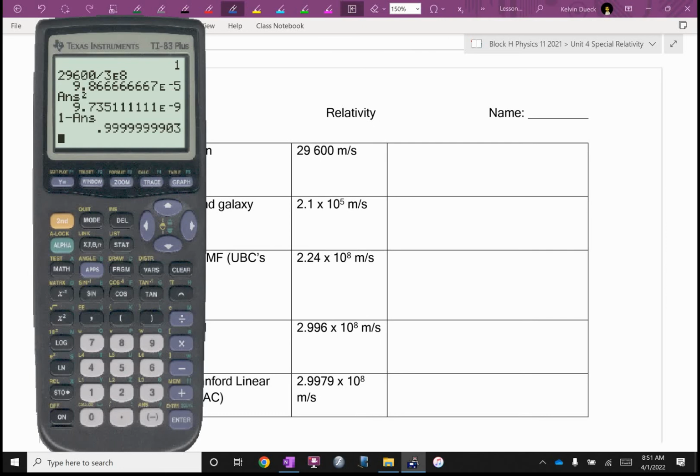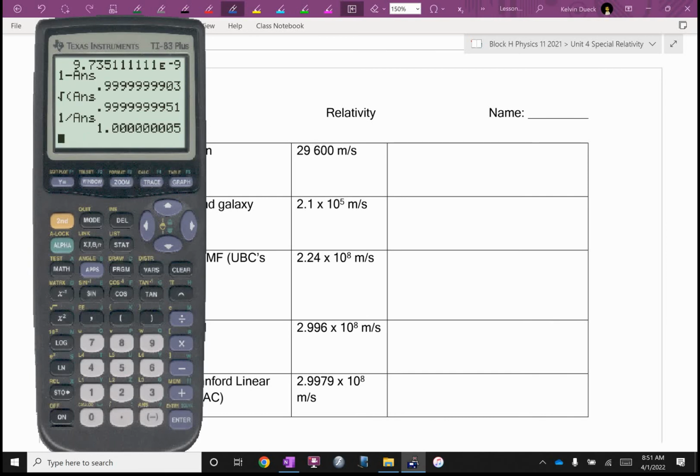Now I'm going to take the square root of that, and then I'm going to go 1 divided by that. That should tell me how much more time we experience on the Earth relative to the sun, because the sun is at rest relative to us.